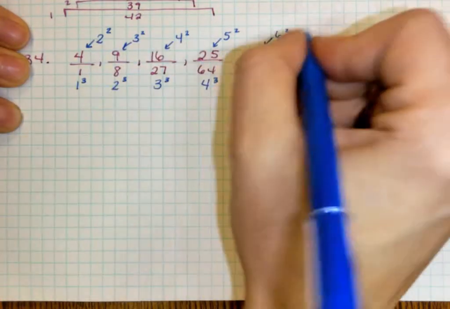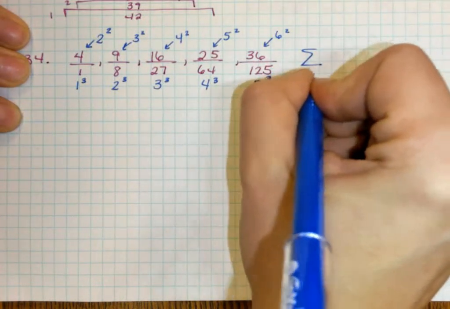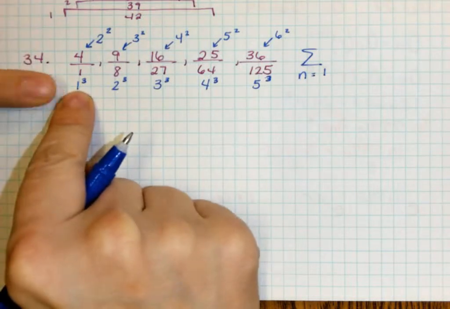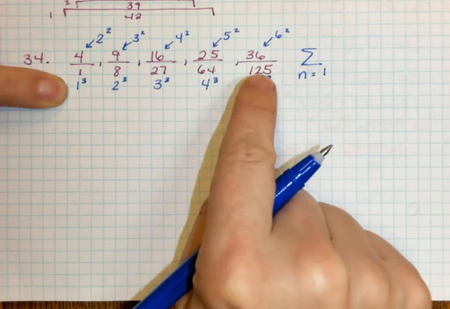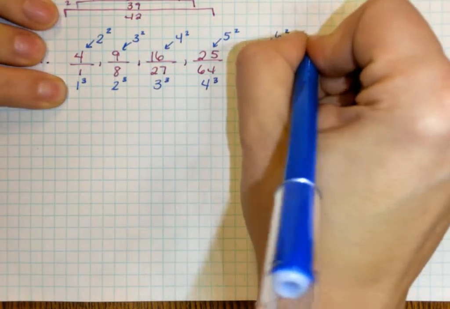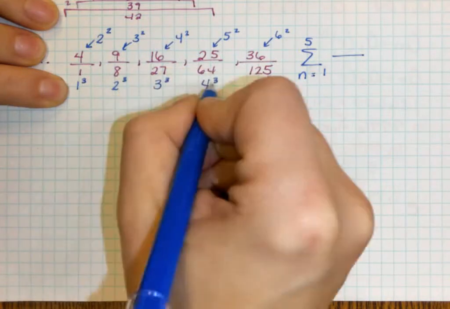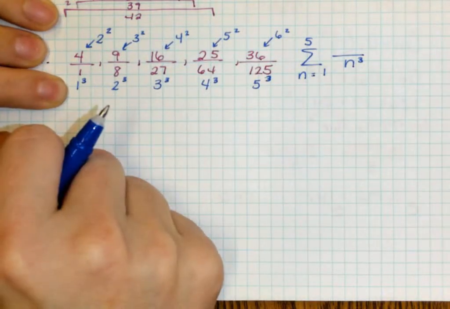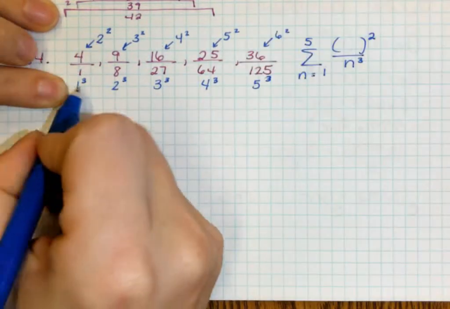So to find the term in sum notation, it says we have to start from 1. This one starts from 1 and goes up as high as 5. So for the bottom, I'm just going to have whatever number I'm talking about cubed. Now, the top is something squared.